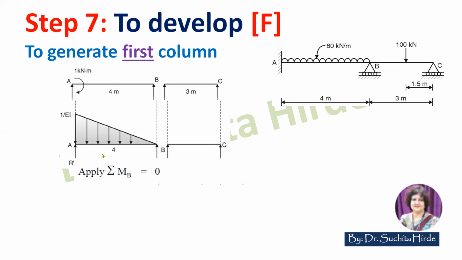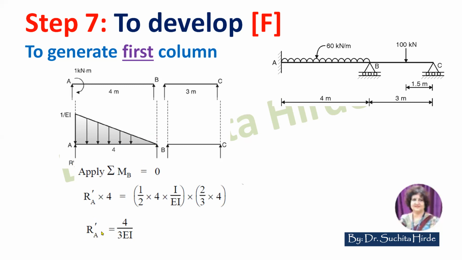To calculate the reactions, first we will take summation of moment about B equal to 0. Consider portion AB only. So what is the equation we will get? RA dash into 4 is equal to area of this diagram. We are taking moment about B. So distance is 2/3 of 4. If you calculate this, you will get 4 upon 3 EI.